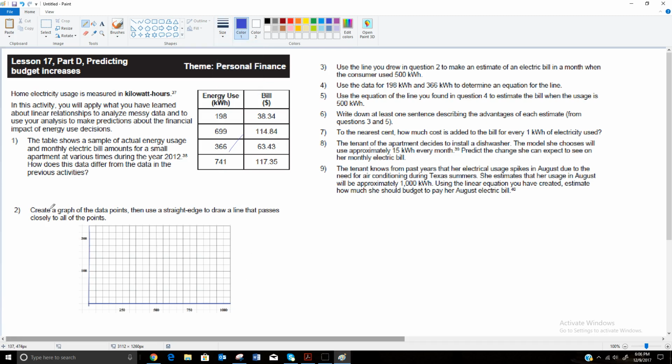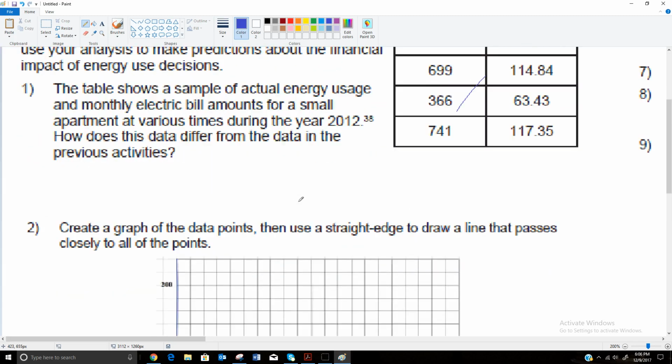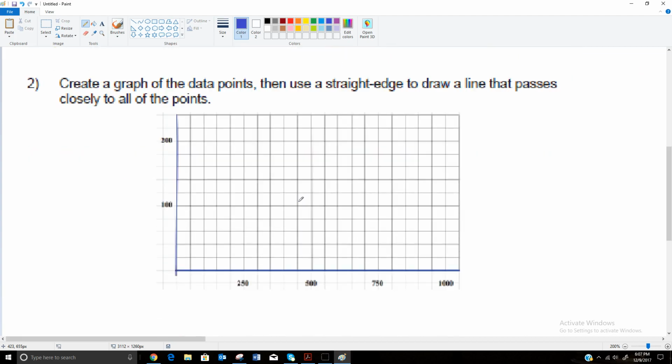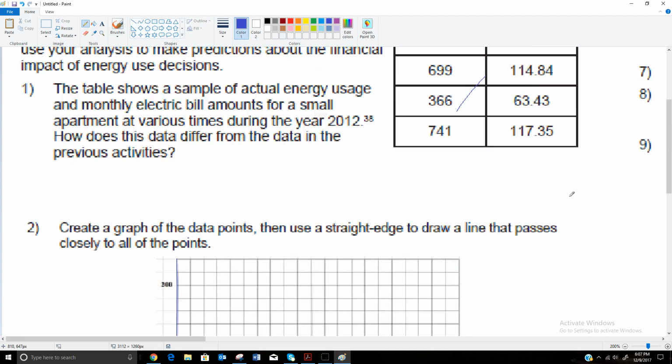So now it says create a graph of the data points and use a straight edge to draw a line that passes closely. So I'm going to try to get these graphed. Let's see if I can zoom in a little bit. All right, so we have 198, 38.34. In the past I've noticed that this is not labeled very well.